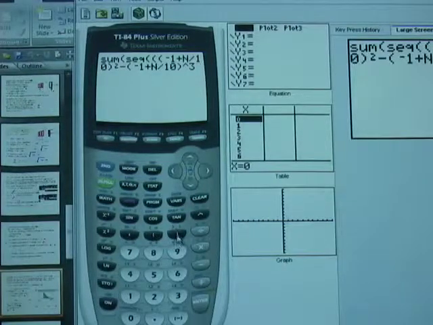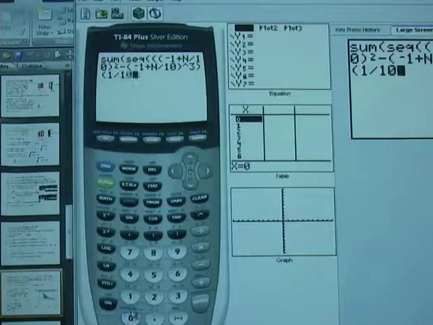Alright, now close the parenthesis, that means we are grouping that whole, and then multiply that by 1 over 10, that is parenthesis 1 divided by 10, parenthesis closed.